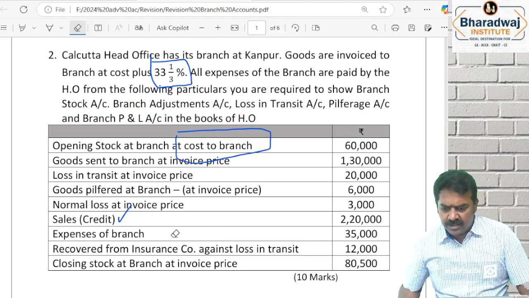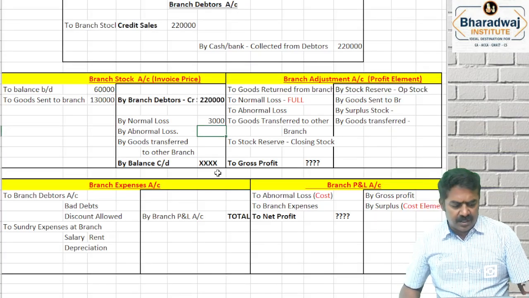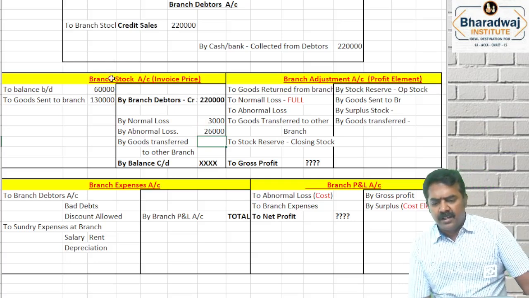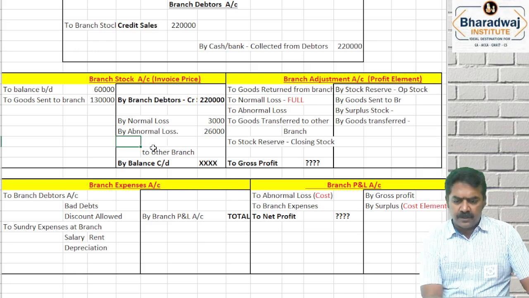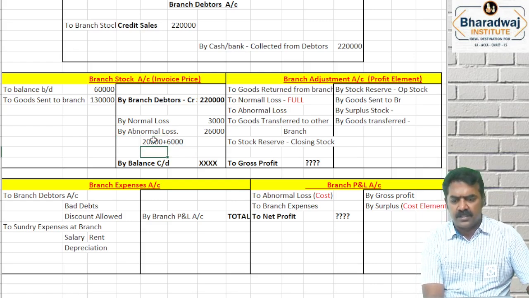What is loss in transit? 20,000. Goods pilfered at the branch also. What is the total abnormal loss? 26,000. Any goods transferred to the other branches? No. This abnormal loss is nothing but lost by fire plus lost in transit, 26,000.